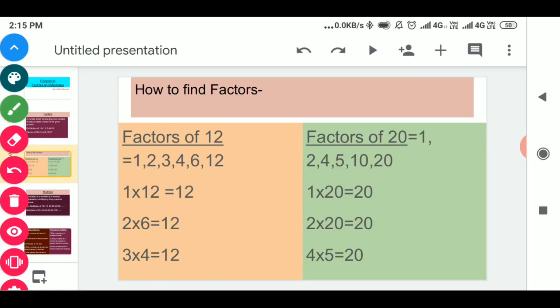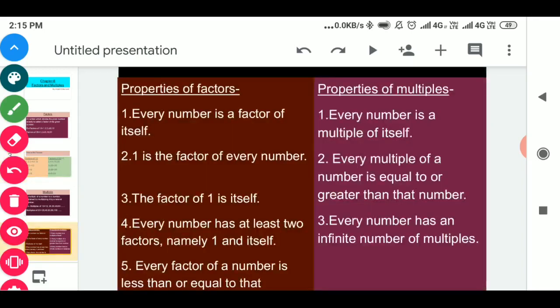If we have to find a factor of 12, we can see that 12 is itself a factor of 12. And here 20 is itself a factor of 20. So we can say every number is a factor of itself.